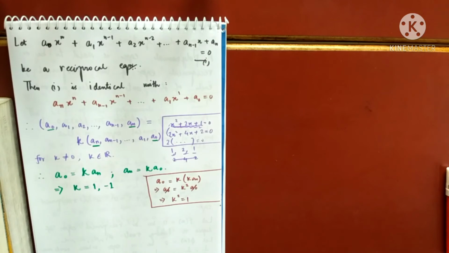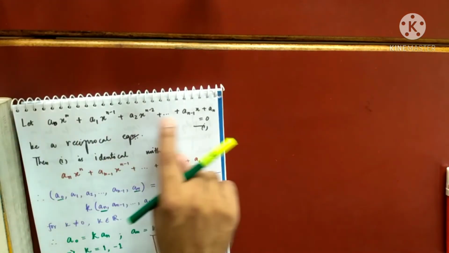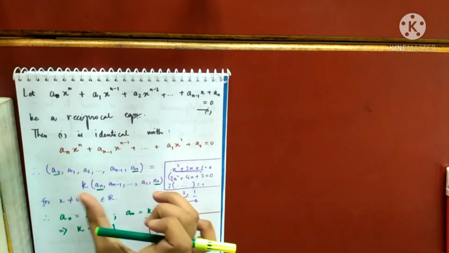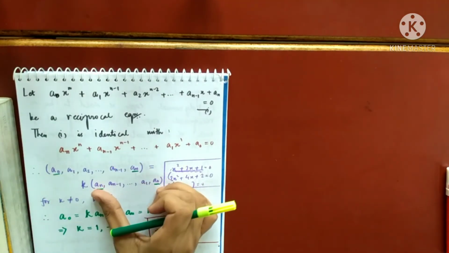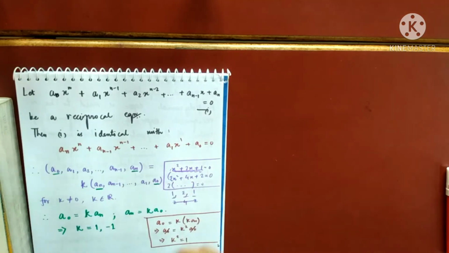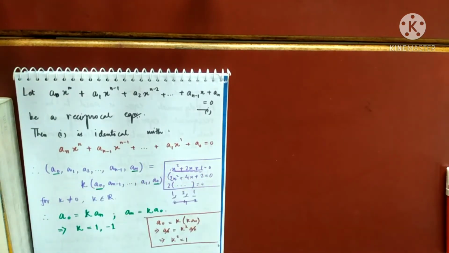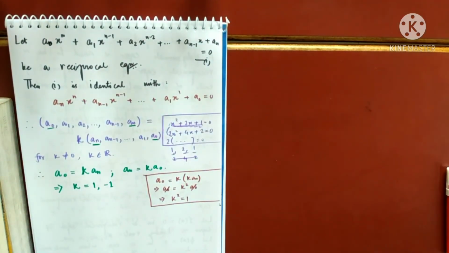Okay, so for this to be a reciprocal equation, what have we understood? These coefficients should either be the same, or this can be the negative of this. So two cases may arise.